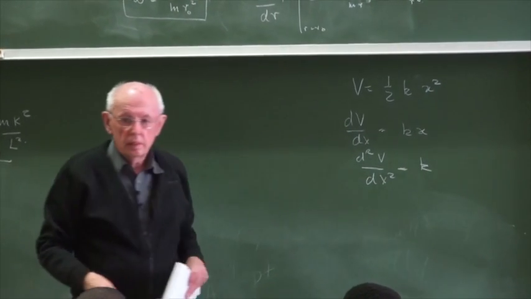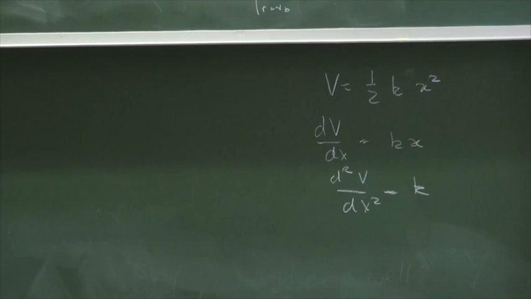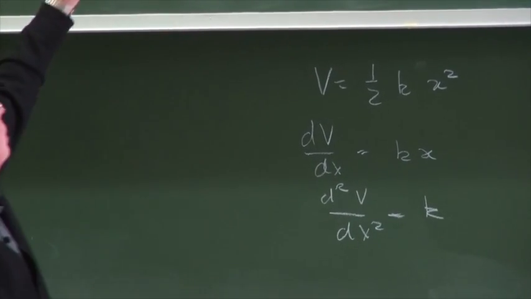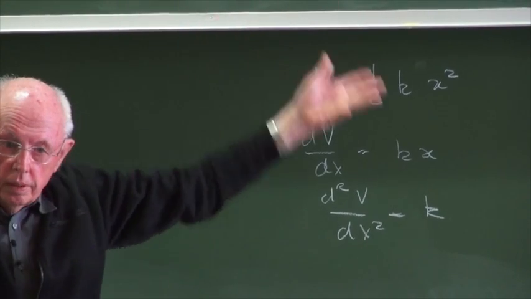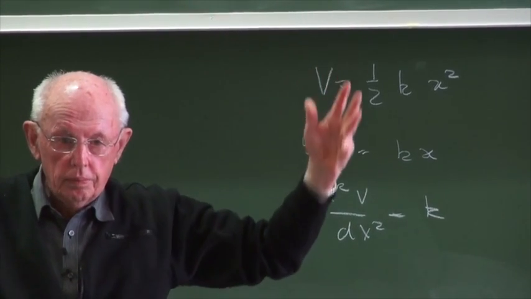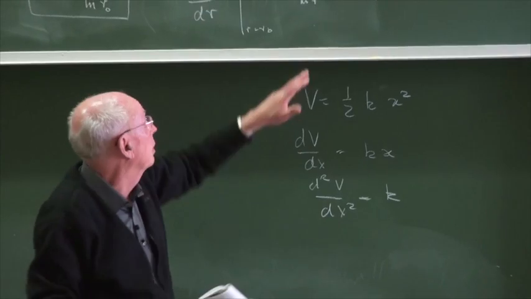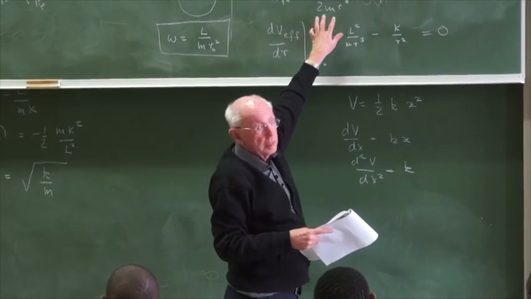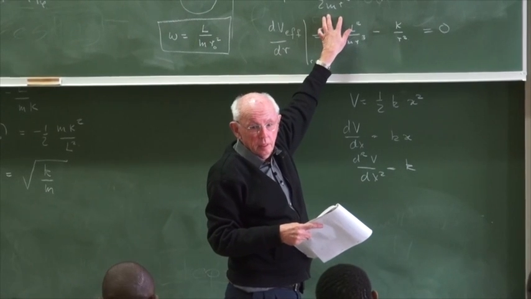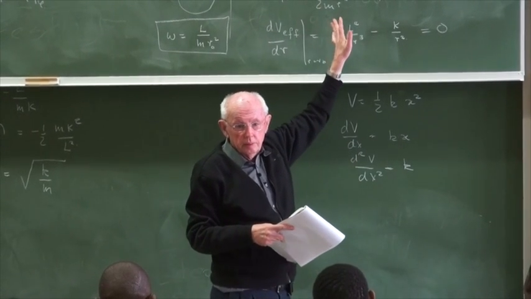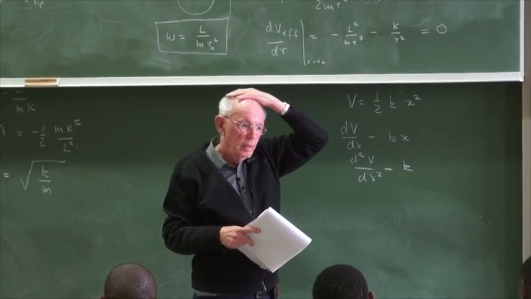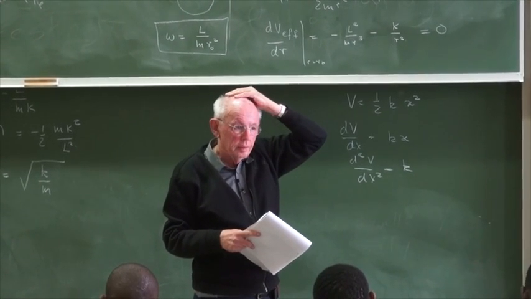Okay? So we take the second derivative and we approximate this structure by a parabolic function. So we approximate it by a harmonic oscillator. So all we need to do is get the second derivative of this at r is equal to r0, and then we have the spring constant.